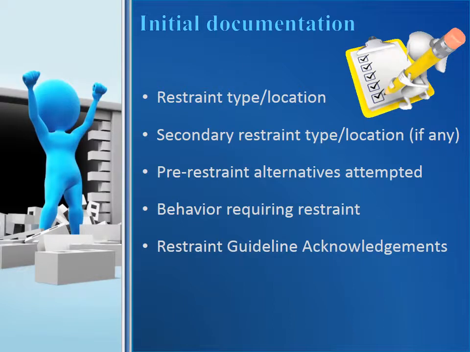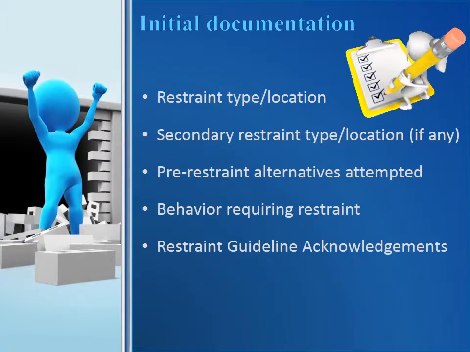Initial documentation. These are the biggest things that you will have to document. We've made it very, very simple in the electronic charting. Everything that is required is highlighted in yellow. It will not let you save and close out until these areas have been documented on. The restraint type and location, if there's any secondary restraint. Say you have soft restraints bilateral wrist and you also have a posey vest on.